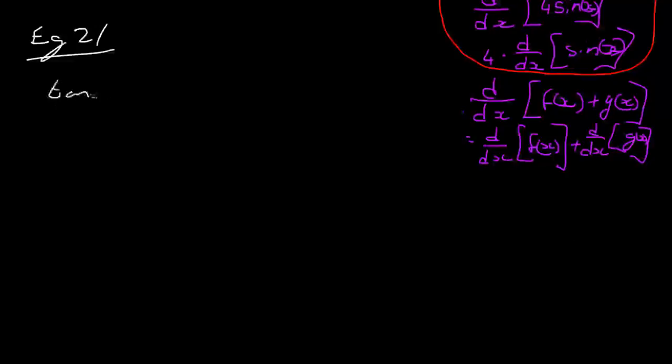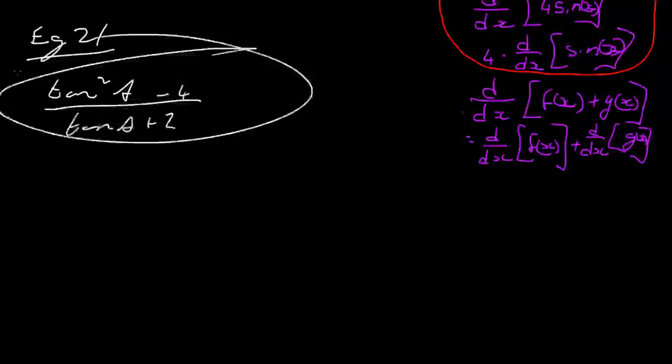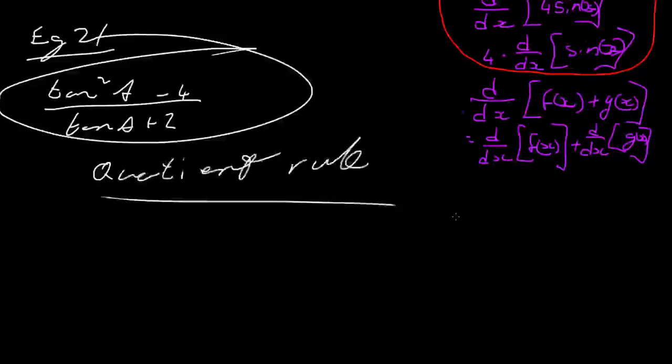Something like tan squared a minus 4 over tan a plus 2. And they say that before you can differentiate this, you need to simplify it using identities. That might be the case, and in some cases that's better. You could also just use the quotient rule, which I'm sure we'll get to later.